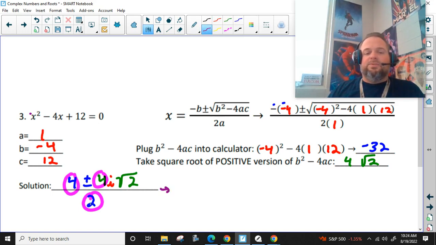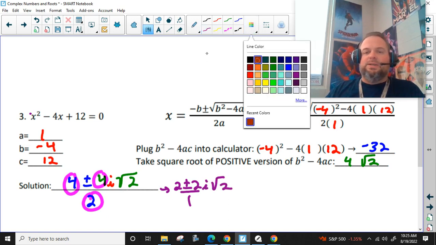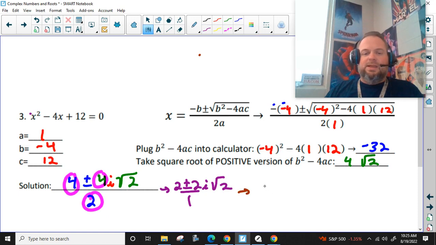So if I divide everything by 2, well, what's 2 divided by 2? 1. So we could write 1. 4 divided by 2 is 2. And then 2i root 2. And most times this will be written as such.